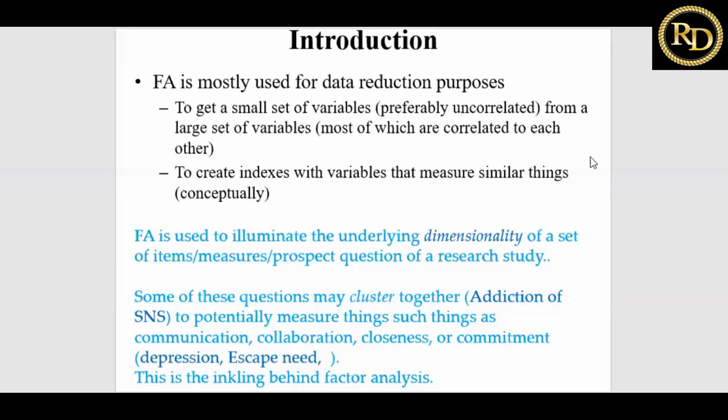So this is basically reducing your data. In this case, you try to get a small set of variables, preferably uncorrelated, from a large set of variables, most of which are correlated to each other.